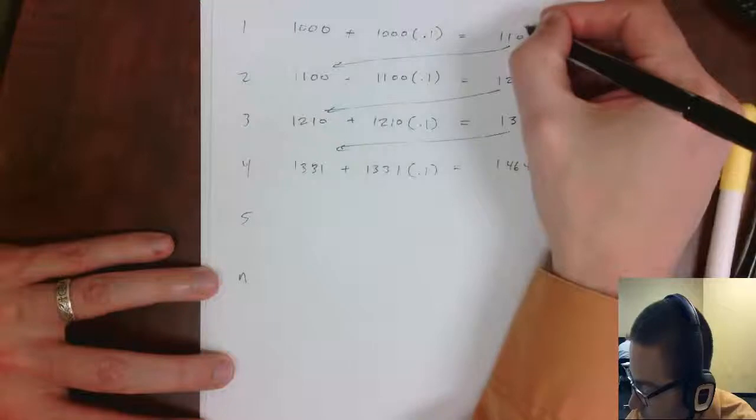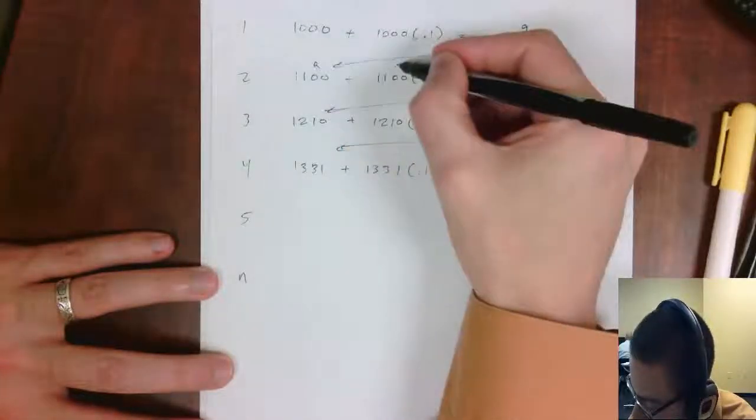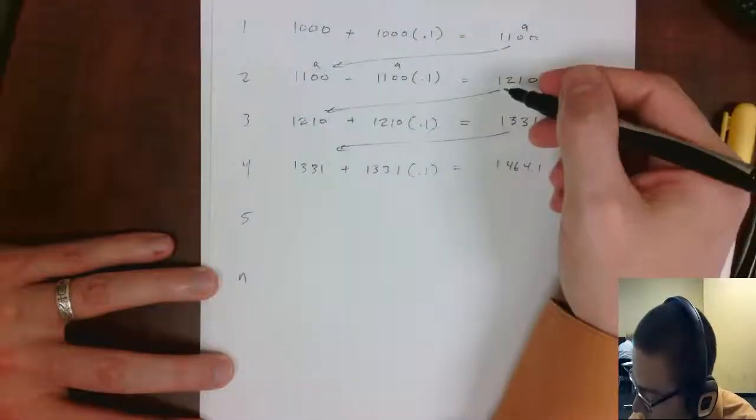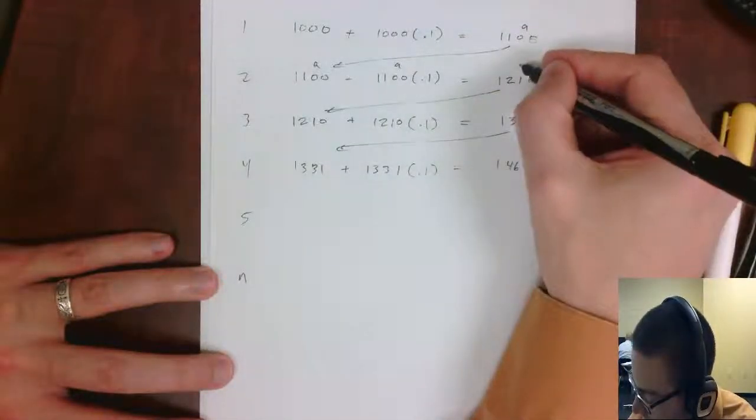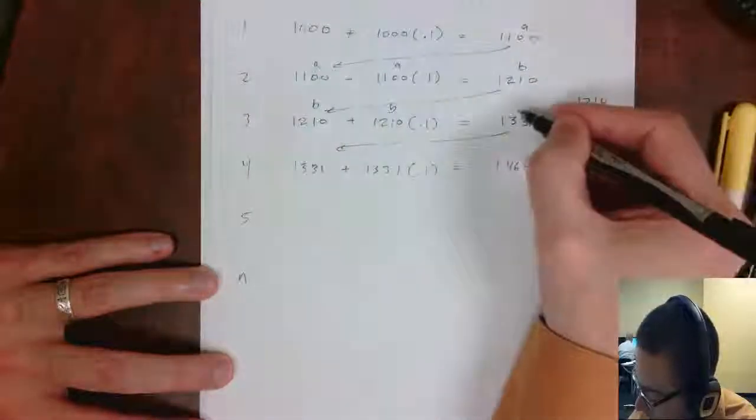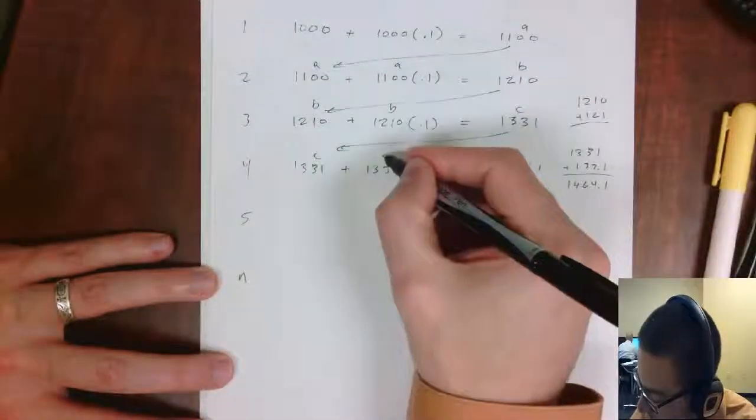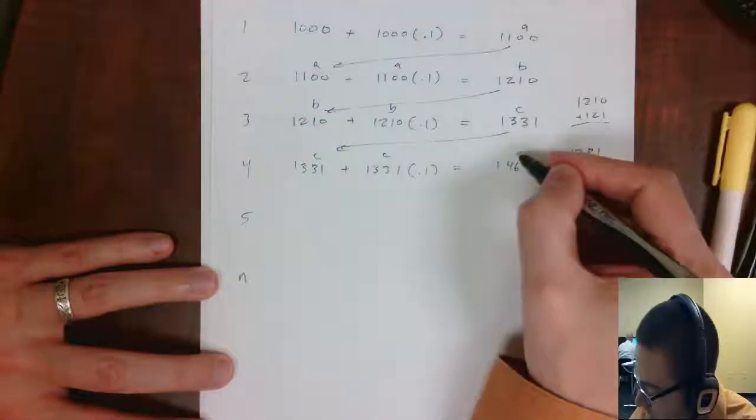How about placeholders? So A, this would be A plus A times 0.1 equals B, right? And then it's B plus B times 0.1 equals C, and then C plus C times 0.1 equals D.